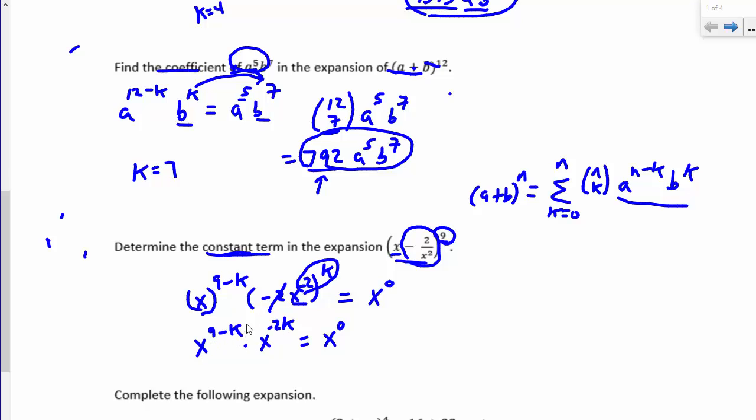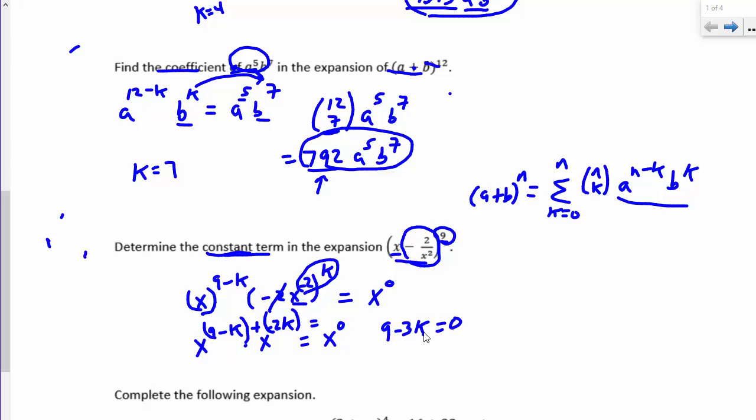So we're going to add these together. If I put parentheses around this and add this and put parentheses around this, I'm going to set this equal to 0. I have an equation up here. So I have 9, and then I have negative k plus negative 2k, which is basically 9 minus 3k. And I'm telling you this is in fact equal to this exponent of 0.